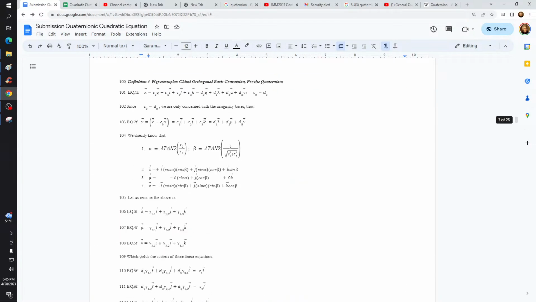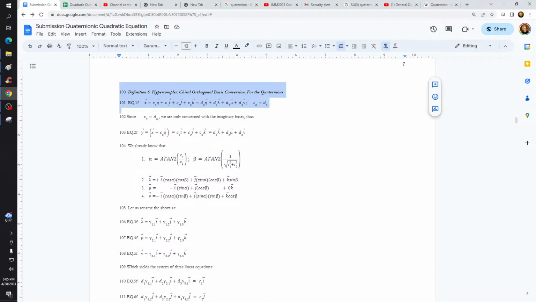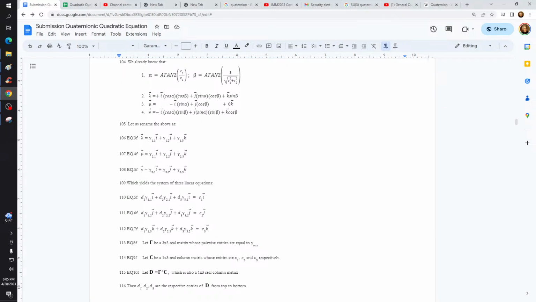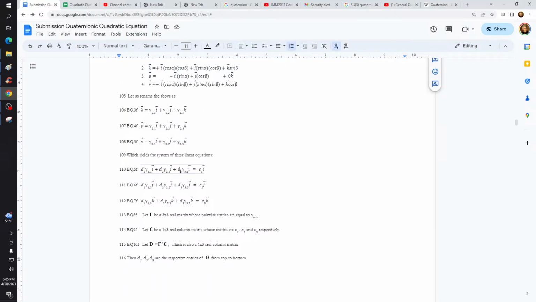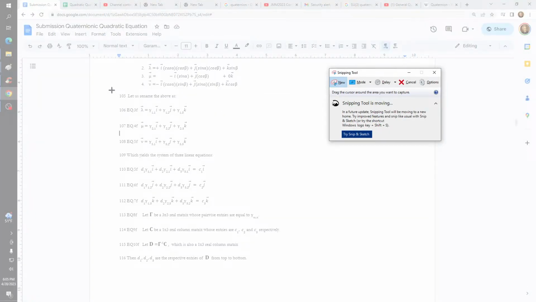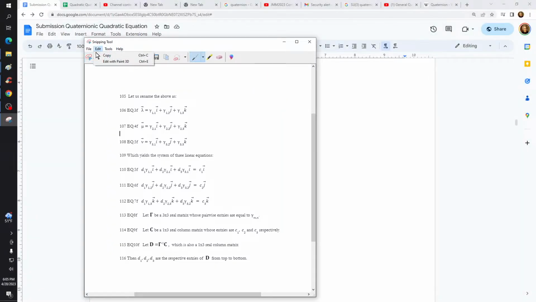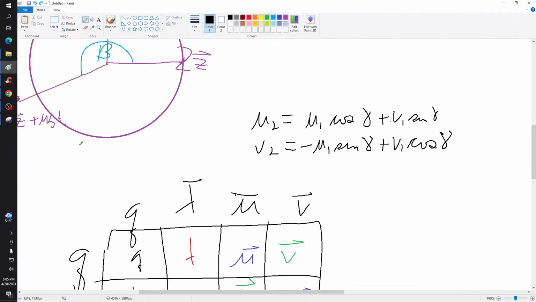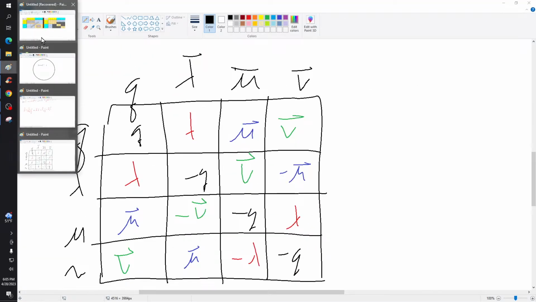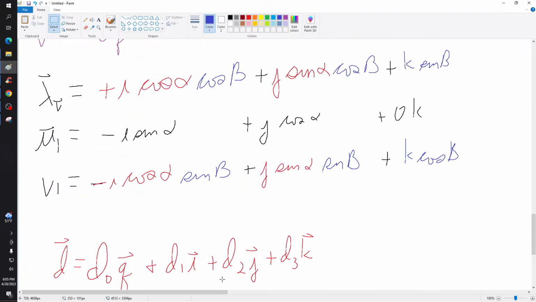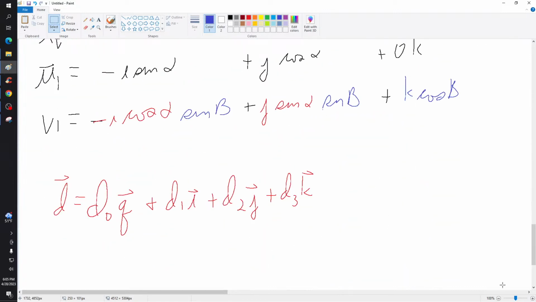So we need to do an orthogonal basis conversion. How do you get from here to here? We already know what the vectors are, so we create a 3 by 3 matrix here. You don't have to do it this way, but this is the easiest way.